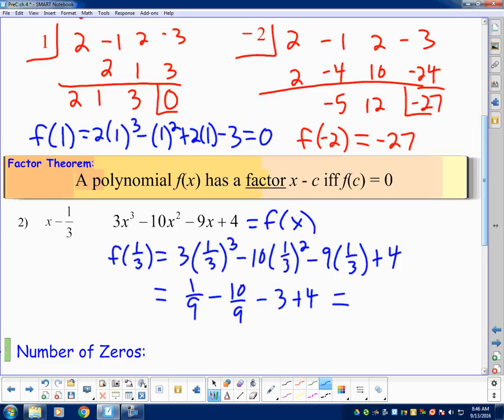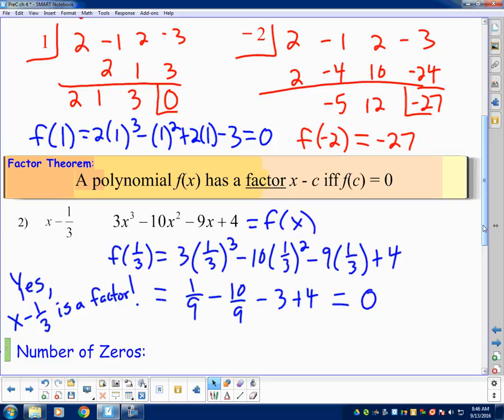So 1/9 minus 10/9 is negative 9/9 or negative 1. Negative 1 minus 3 is negative 4, plus 4 is 0. So, to answer the question, yes, x minus 1/3 is a factor. An example of a rational root.